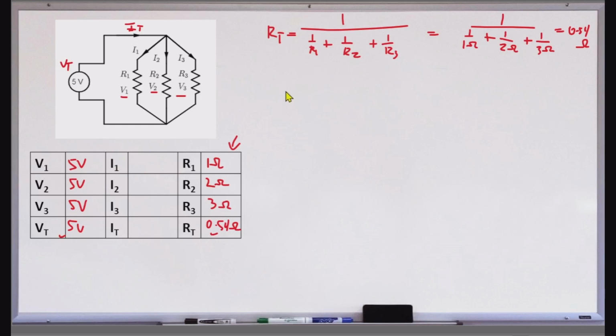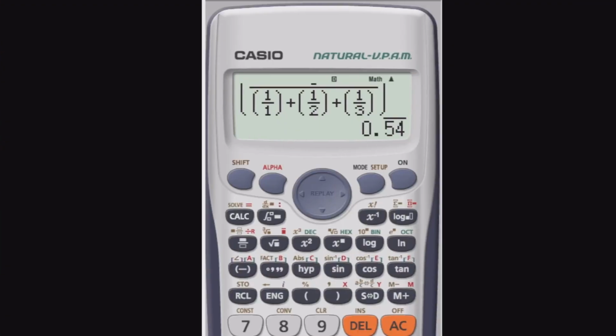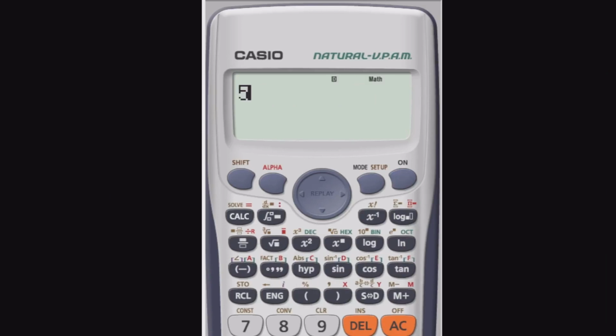I sub t is equal to V sub t over R sub t. So V sub t is 5 volts over 0.54 ohms, and that will give us, let me use the calculator, 5 divided by 0.54.